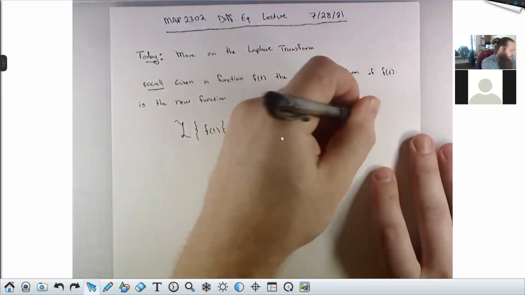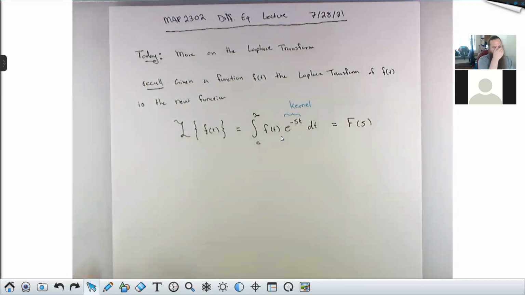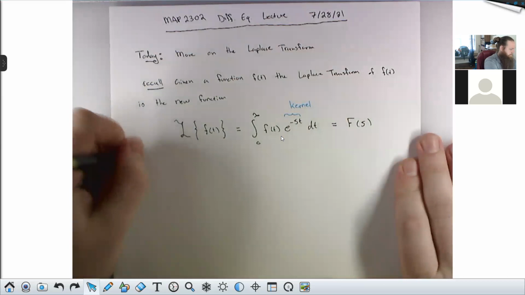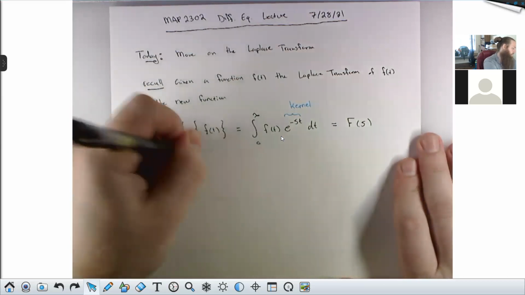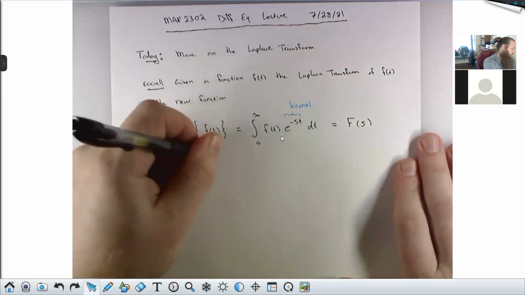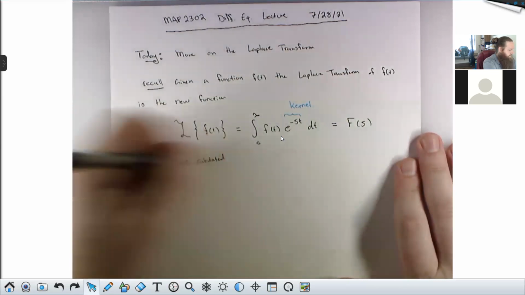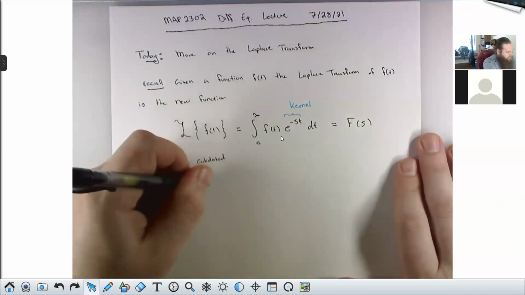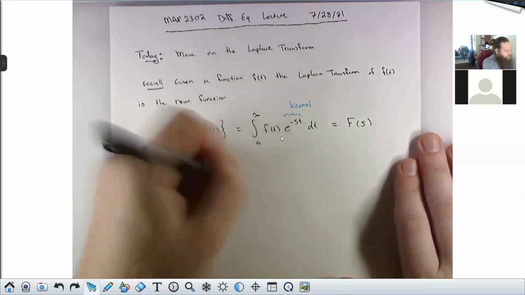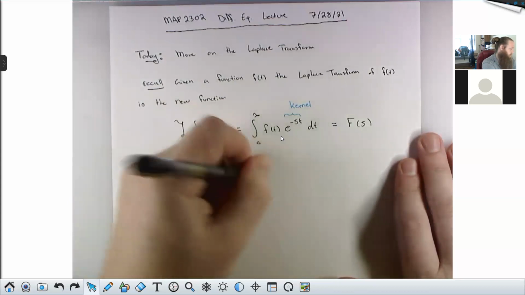We usually use a capital F, and the variable is going to be s. And last time, we calculated the Laplace transform of the function 1, and we saw that that was 1 over s.